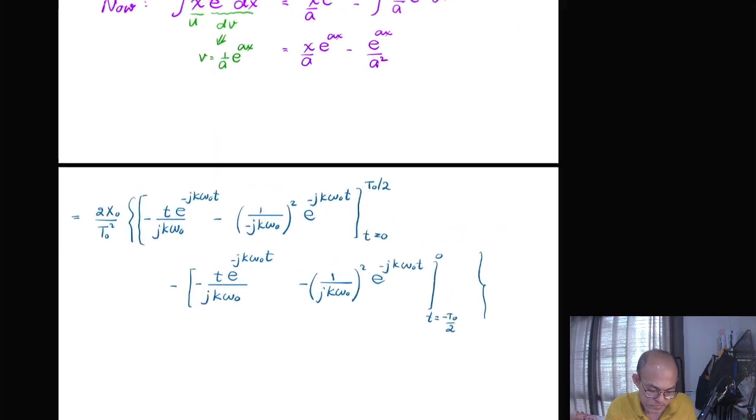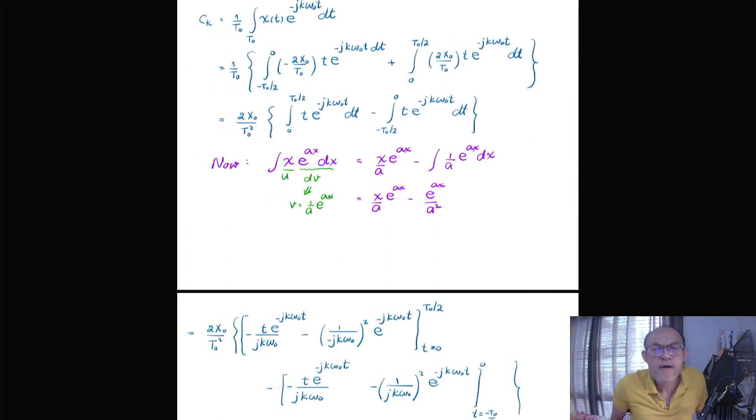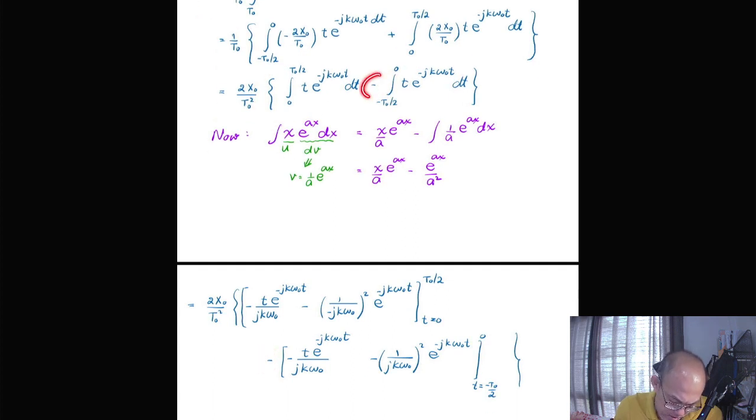Let's check if I did it correctly. A is minus j k omega 0. So the first term is here, that corresponds to this one. And the second minus here, and a squared is here. So that is the first one, and the second one is exactly the same, but I have to put a minus sign here, and the inside is just the same as this one.